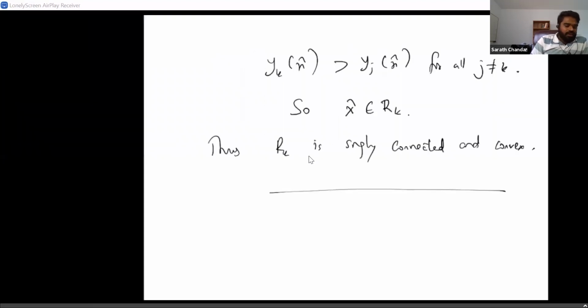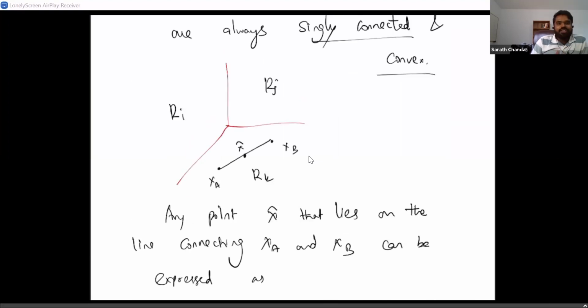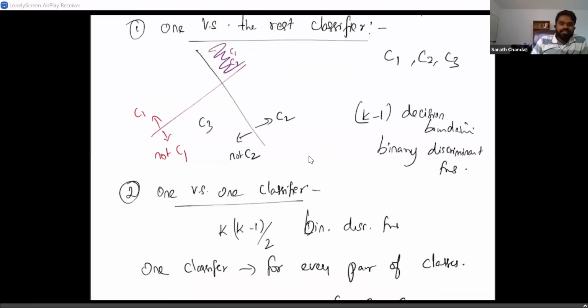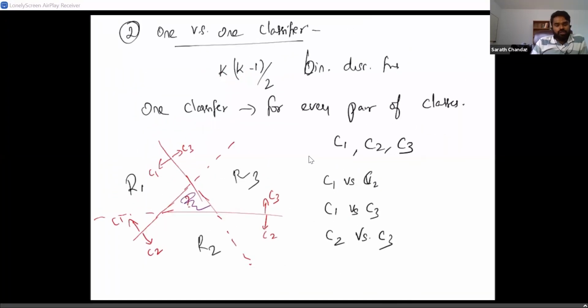As a summary, we have seen three ways to extend the linear discriminant functions to multi-class classification. We looked at one versus the rest, and saw that there is some issue, because there might be situations where you get confusing predictions. Similarly, one versus one classifier also has some issues.